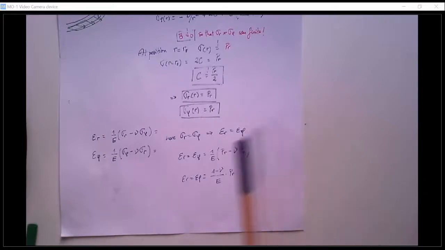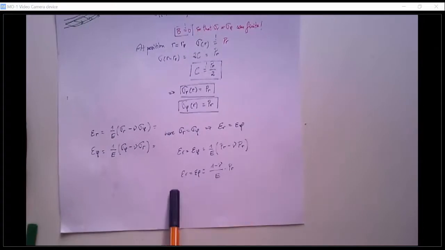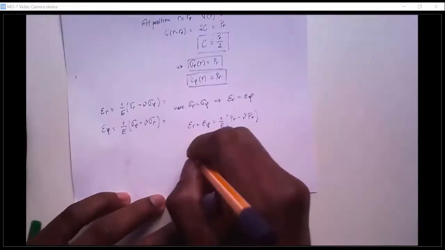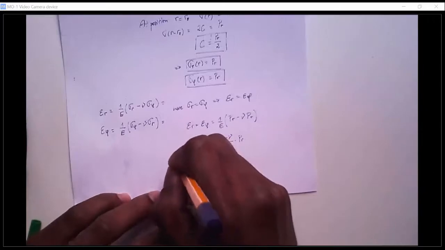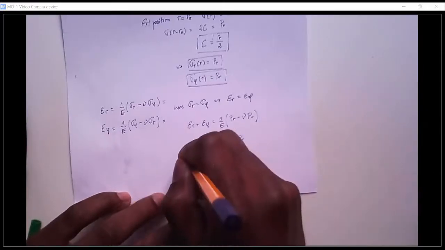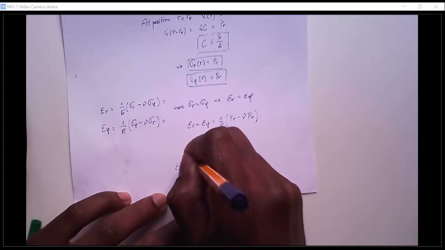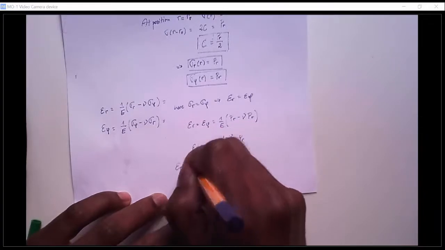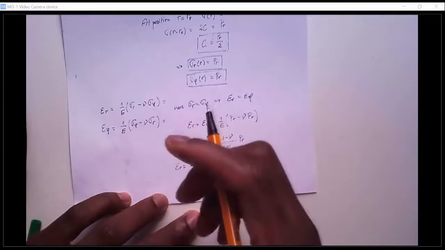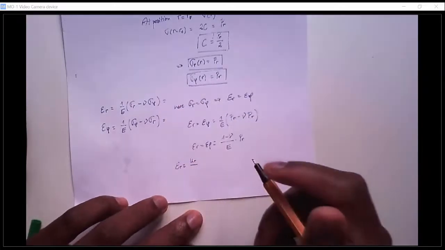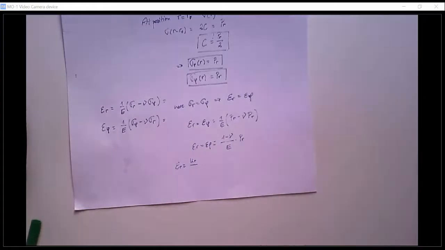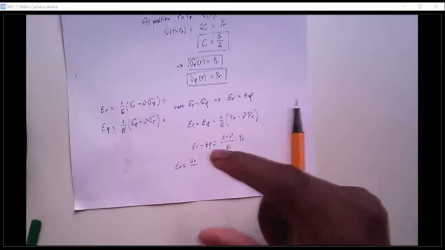So if we want to figure out which deformations happen in the radial direction, for example, epsilon r is basically UR divided by the whole length in the radial direction.